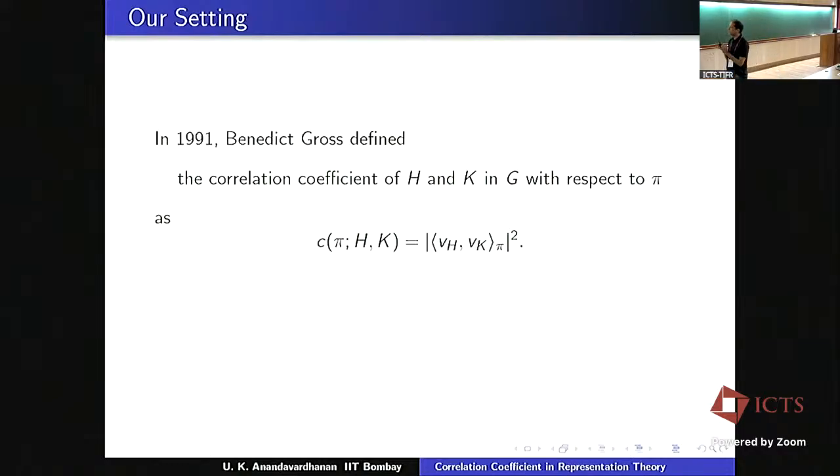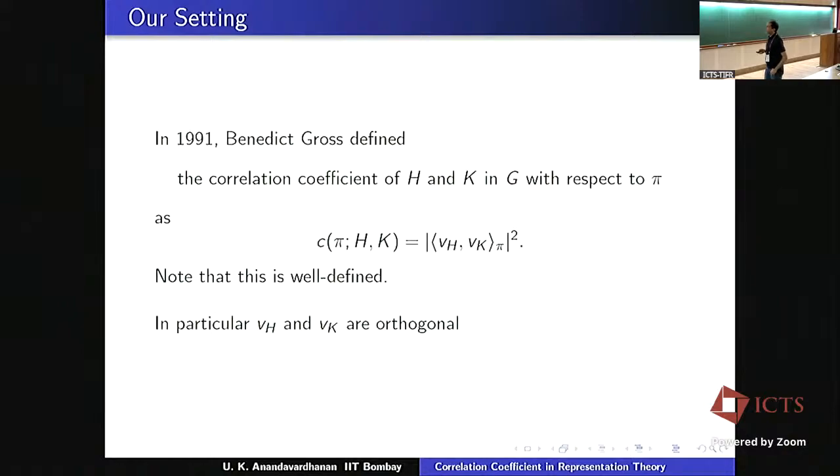You're interested in understanding, when you have two subgroups and their fixed vectors, what is the angle between them? In particular, whether they are orthogonal or not in that space. Okay, and one can easily check this is well defined. So in particular, VH and VK are orthogonal if the correlation coefficient is 0. Okay, so it's an easy to understand definition.